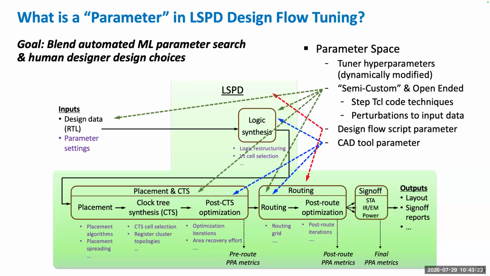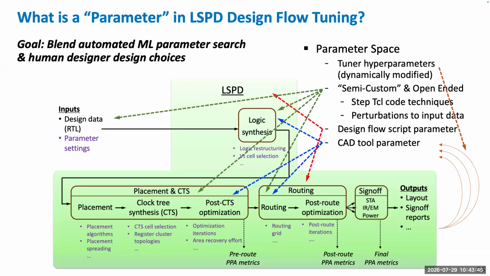And then we have the ability to hit semi-custom and open-ended moves really everywhere. And then the tuner itself is typically a parameterized system. You have hyperparameters that hit, let's say, the number of iterations, the number of parallel runs. And so I think this is where the parameter explosion comes in.